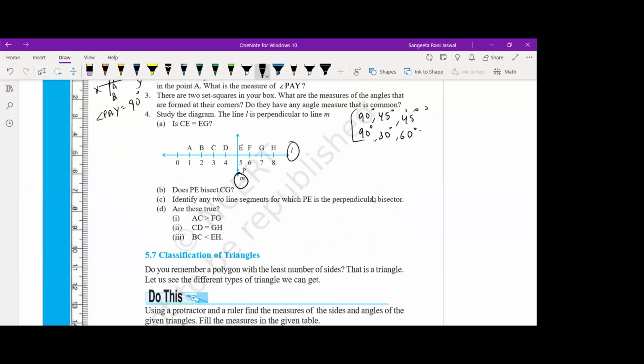Does PE bisect CG? Now see where PE is. P is here. You have to answer all these questions. Just read the question and analyze the figure. I'll ask you.